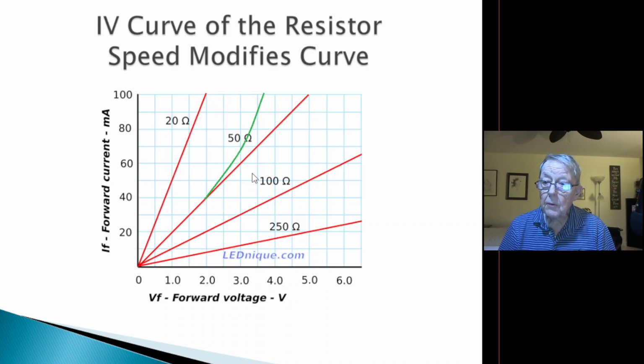But it turns out when I did the calculations, the resistor doesn't change. The equations, once you assume the values in the calculations or you measure them, stay the same. The speed of the G1 doesn't change the value of the resistor. So this graph is wrong, and I had to find a different way to explain that.